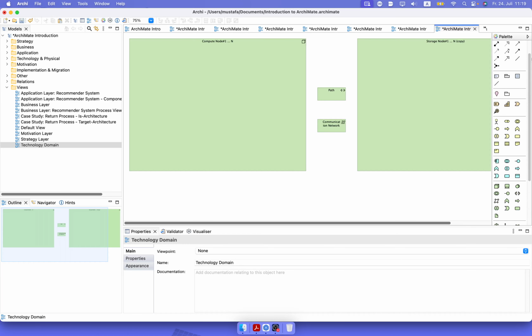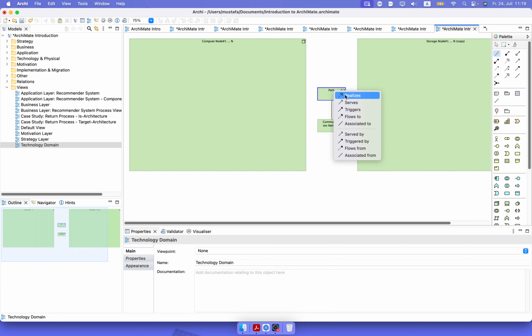I would assume the communication network is a realization of the path. It realizes, yes. So you implement this path, this connector between the compute node and the storage node, using a communication network. It could be a VPN network. It could be, if you are in the cloud in Microsoft Azure, the Azure Backbone Network.